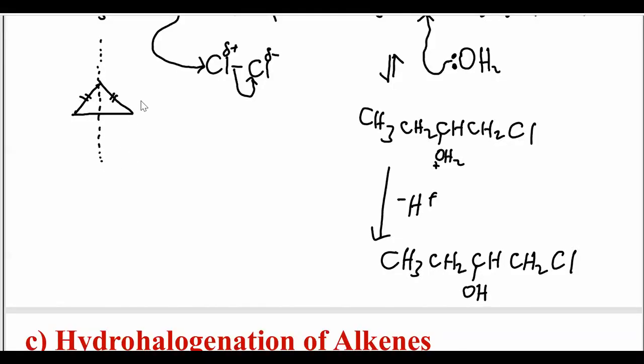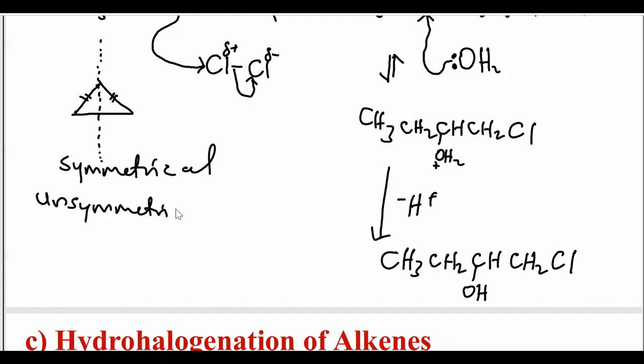So what does it mean? This side is equal to the other side. So when you say symmetrical and unsymmetrical, for example, butene, we can have but-2-ene and but-1-ene.